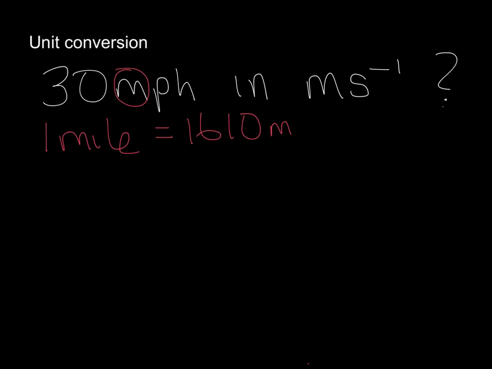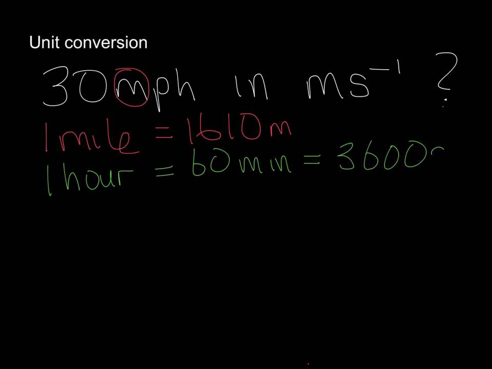We can also see that 1 hour, which is the same as 60 minutes, which is the same as 3,600 seconds. So this is related to the hour part. And we could have worked out the number of seconds in an hour quite easily.